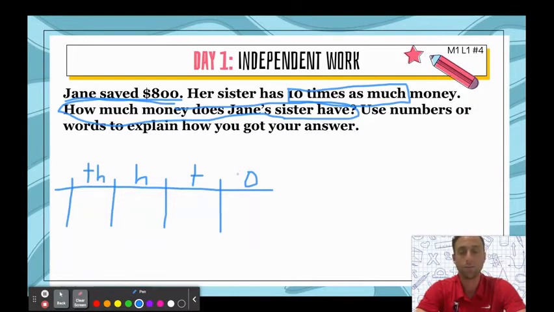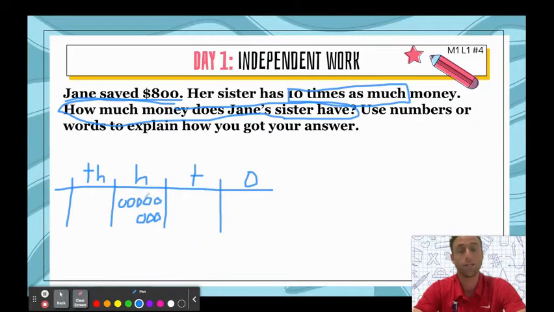So if Jane saved $800, I'm going to represent that using 8 circles in the hundreds place. 100, 200, 300, 400, 500, 600, 700, and 800. So each circle represents 100. So in total, that represents the amount Jane has saved.